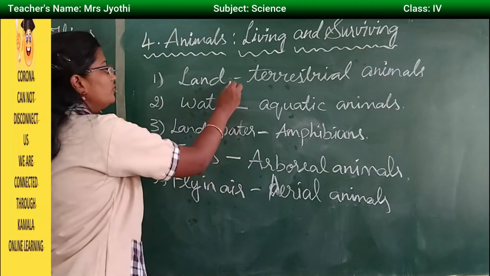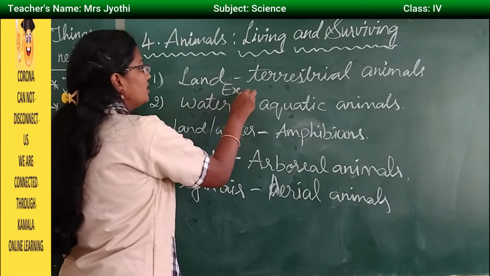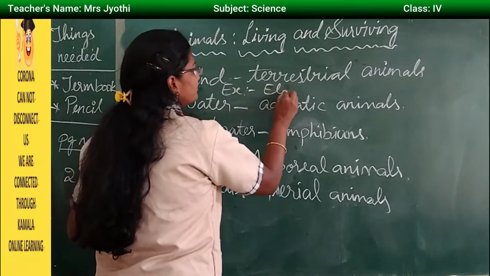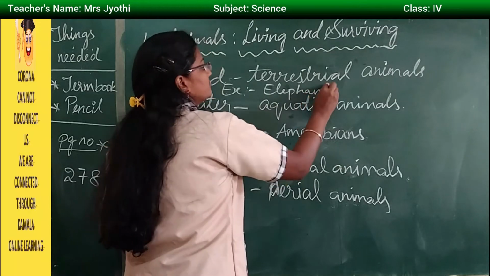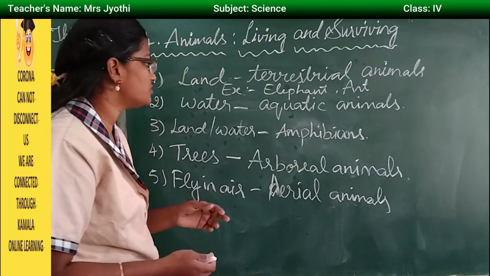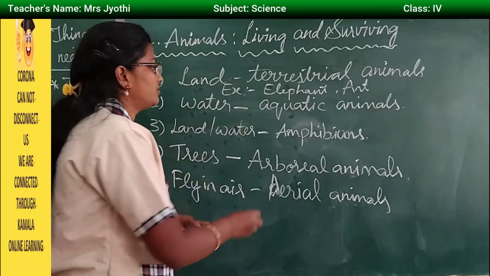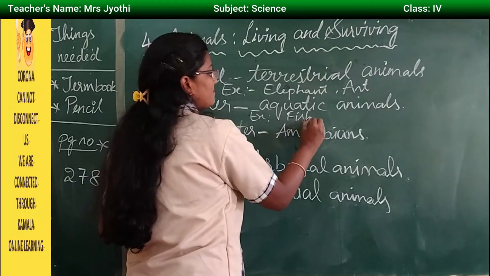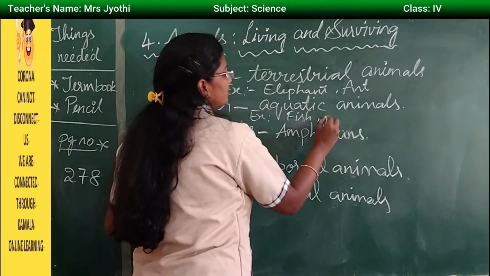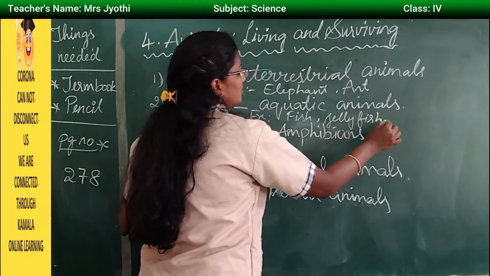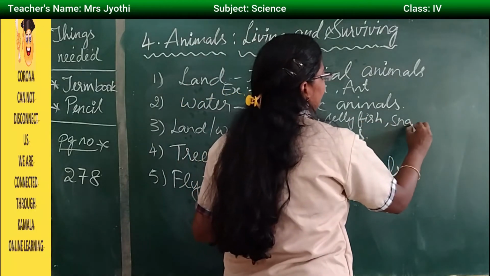But here what you have to do is, in the next line you should add one more line, example, like terrestrial animals, elephant, ant, or you can write some other examples also. Then water, you can give examples such as fish, jellyfish, or snails.